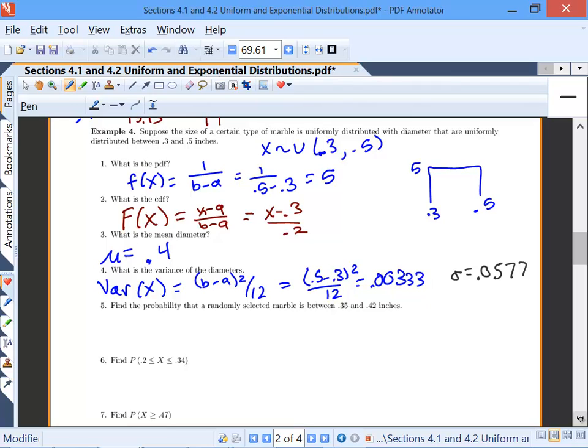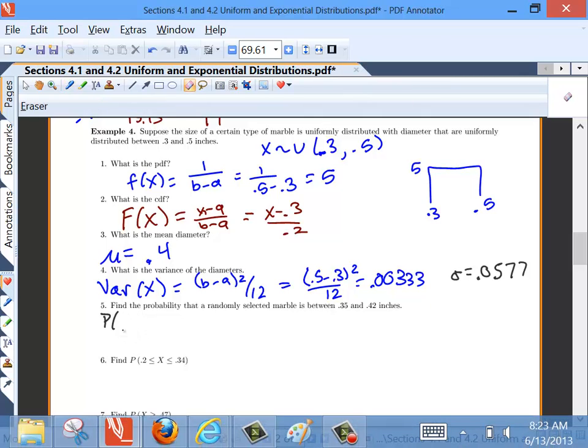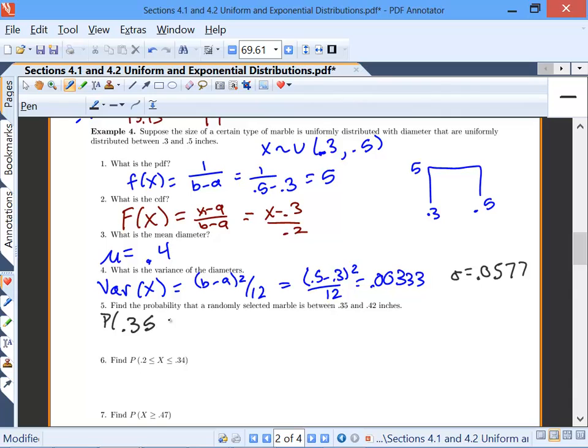So the next is find the probability that a randomly selected marble is between 0.35 and 0.42 inches. If it's a continuous distribution, do I have to worry about whether I write a less than or equal to or just a less than? Okay. We decided for continuous distributions, it doesn't matter whether you have less than or equal to or less than, because the probability at any single point is 0.